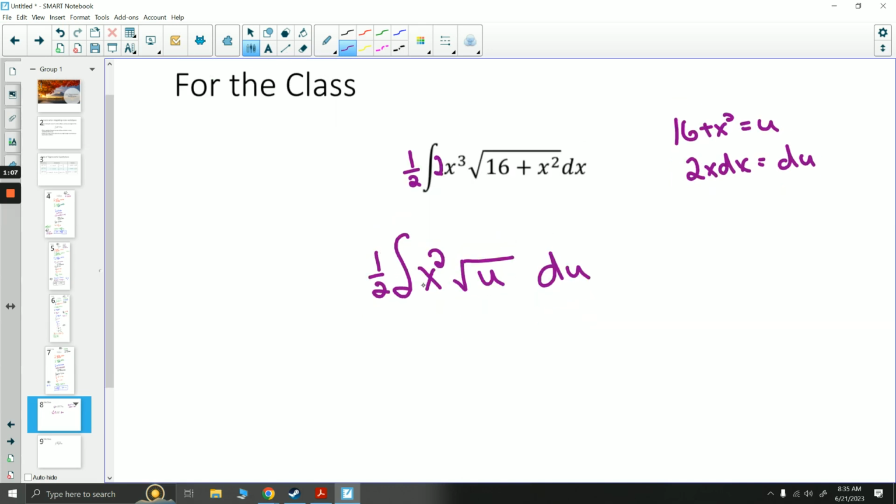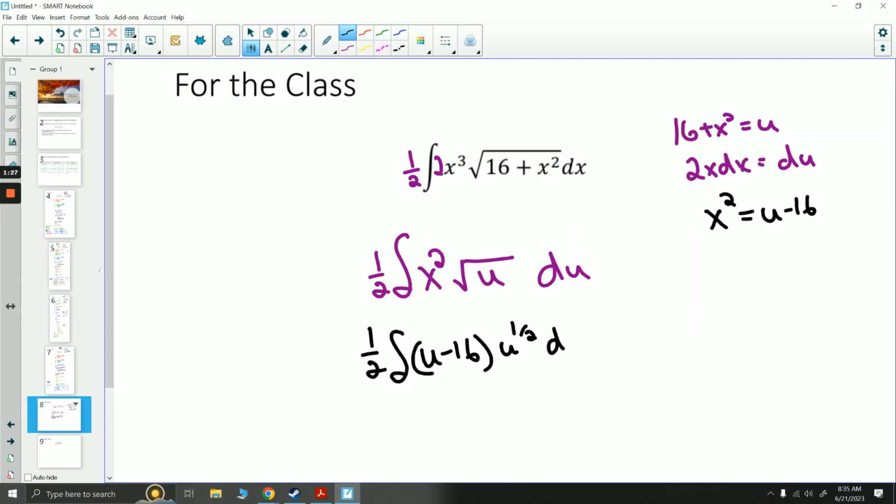Now we still have an x squared left behind, but let's go ahead and move this 16 over, and we get x squared in our u substitution equation. x squared is going to be equal to u minus 16. So I could write this as 1/2 integral of u minus 16 times u to the 1/2, which is the square root of u, du.